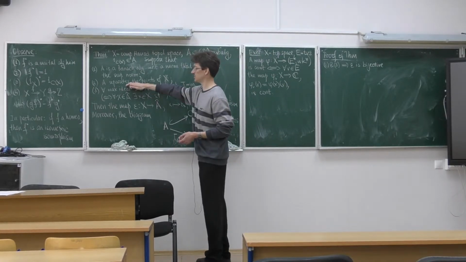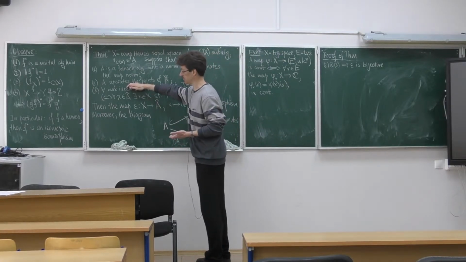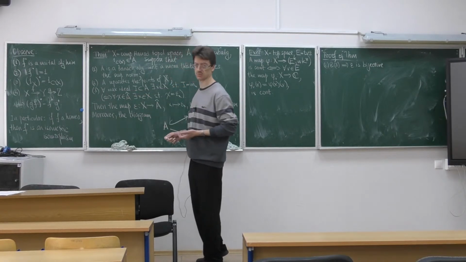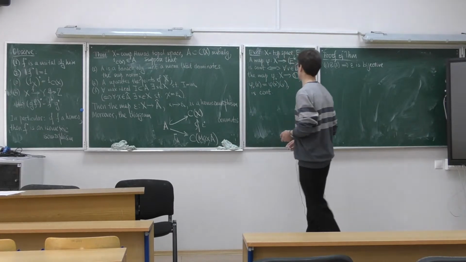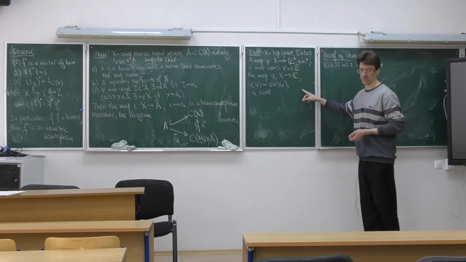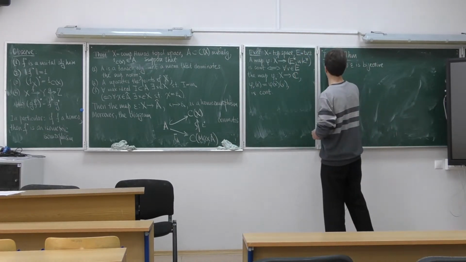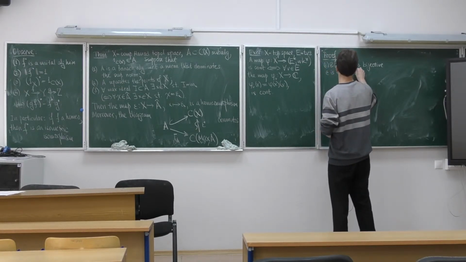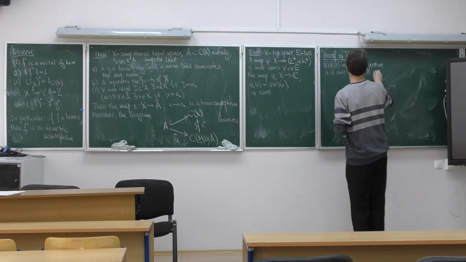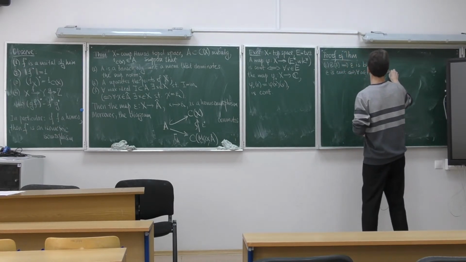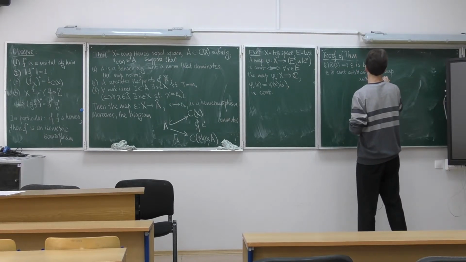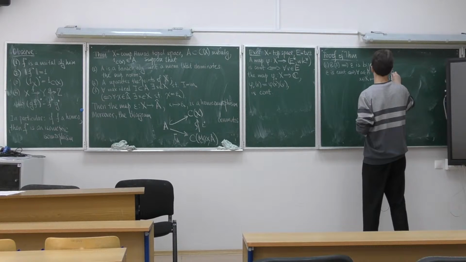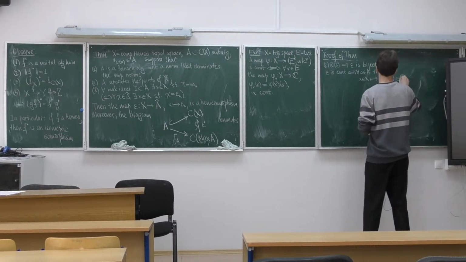Condition 2 is the injectivity of epsilon, and condition 3 is the surjectivity. Okay, why is it continuous? To show that epsilon is continuous, we apply this exercise. So epsilon is continuous if and only if, for each a in A, the map which takes x to epsilon of x evaluated at a is continuous.